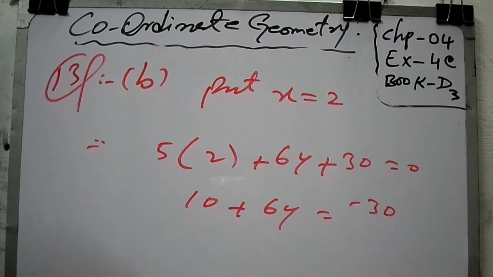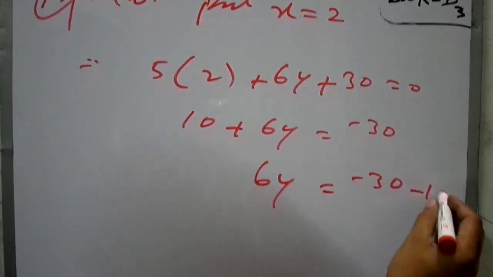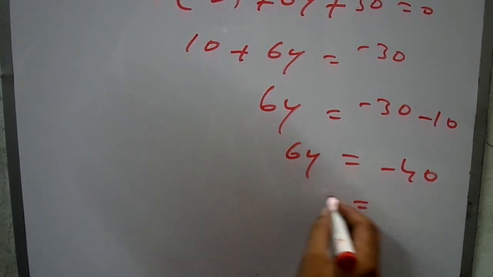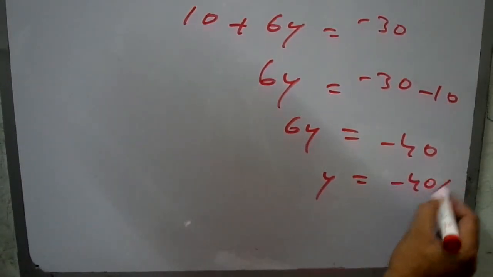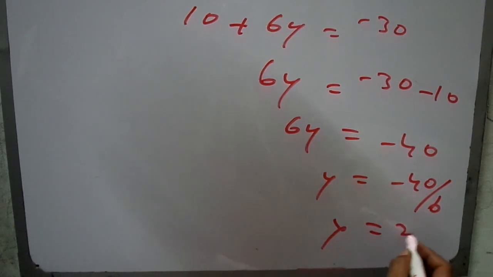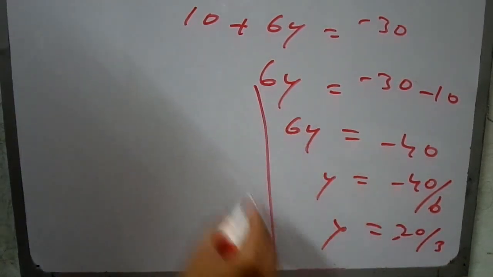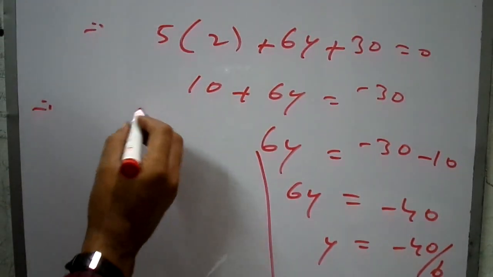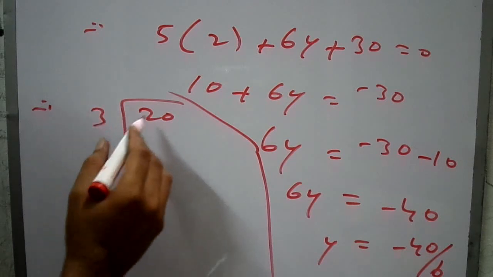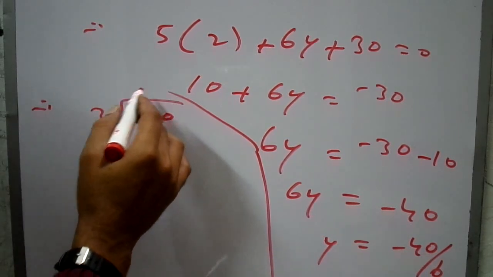So you can see the minus 30 minus 10, minus 40. The value of y is minus 40 by 6, so the value is 20 by 3, or if you divide this, that is 20 divided by 3, so you will get 6.